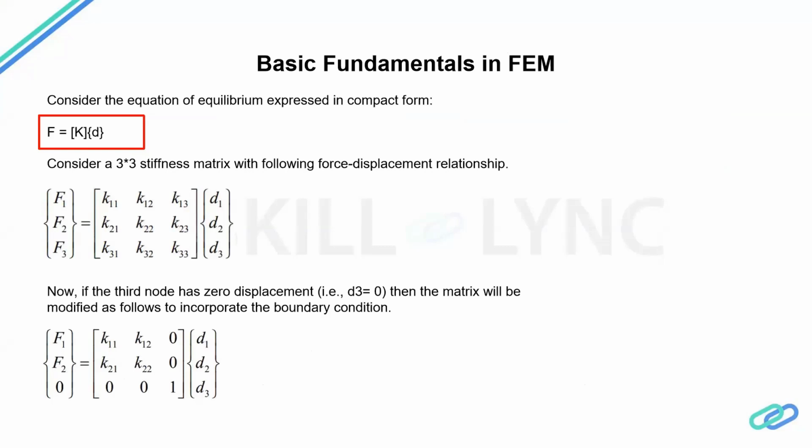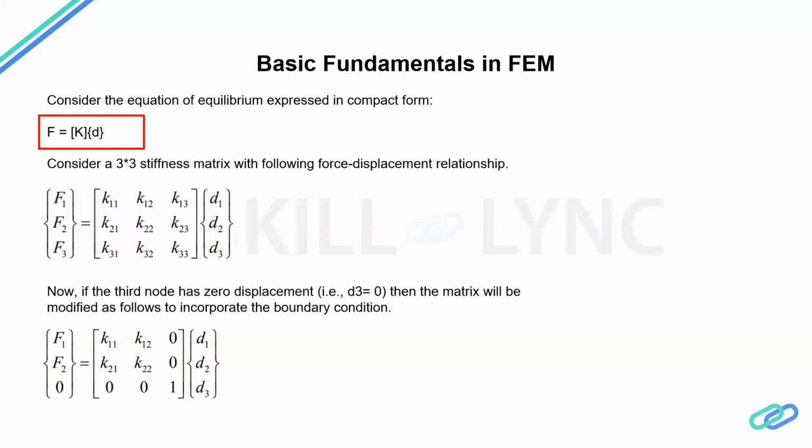So in this equation, force equals K, which is your stiffness, and X, which is your displacement, is taken into a matrix form. The matrix form will have your forces, your stiffnesses, and your displacements put in proper places.